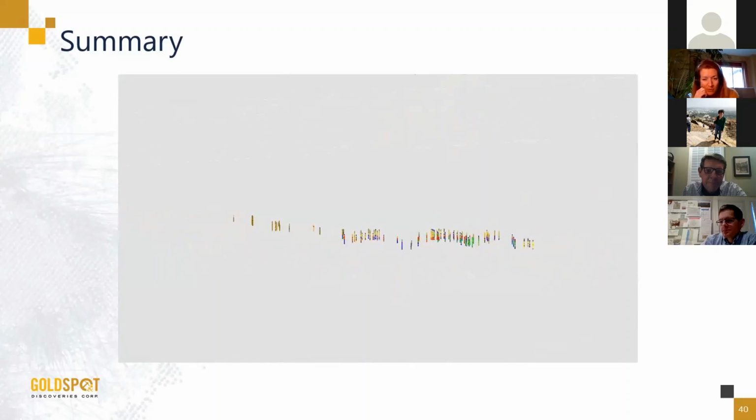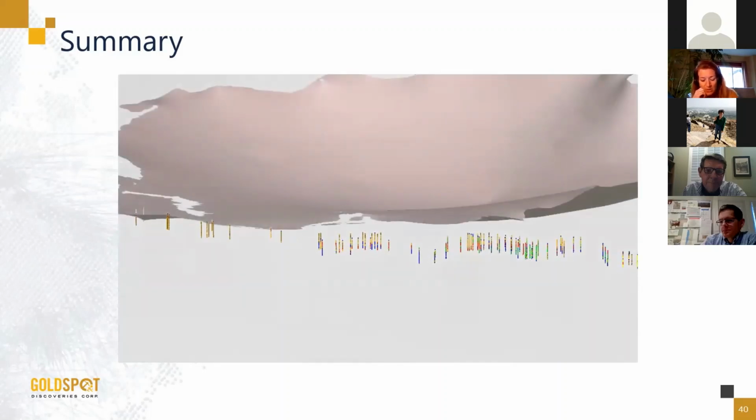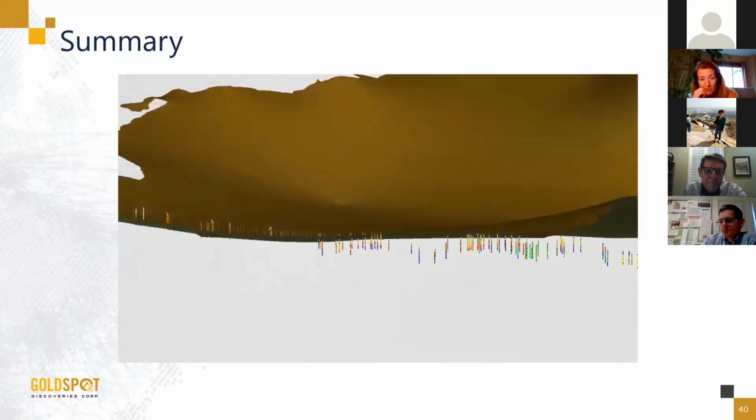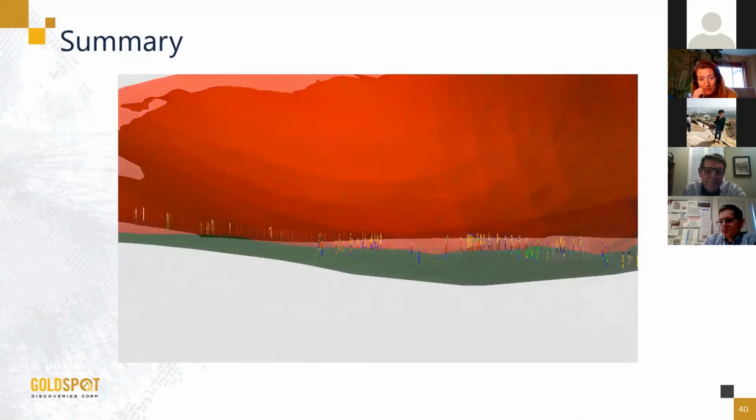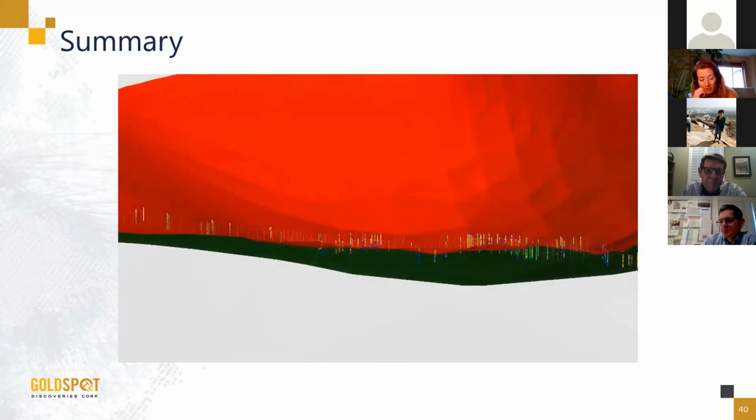Then we back out and flip over to the chemostratigraphy. From the chemostratigraphy that we see displayed in the drill holes, we use control points from the surface model to create our geological model. First we saw the granite bowl, and now we're looking at the overlying stratigraphic units.